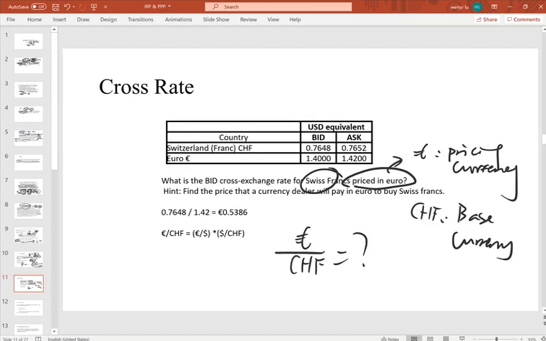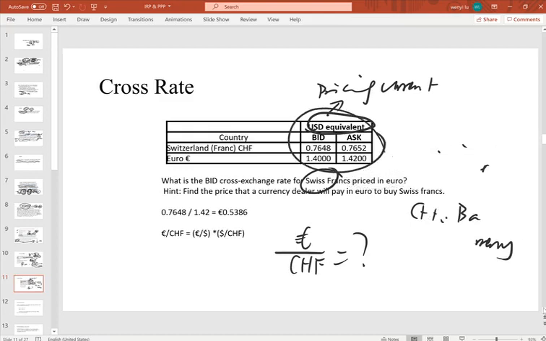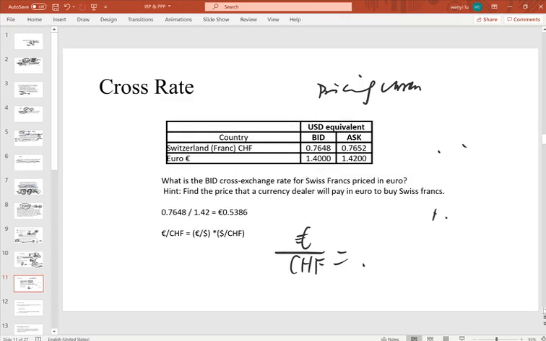In the questions, you can see all these rates are USD equivalent. So USD is our pricing currency. We know the numbers in these tables are all priced in dollars. So for example, for one Swiss franc, equal to how many dollars?